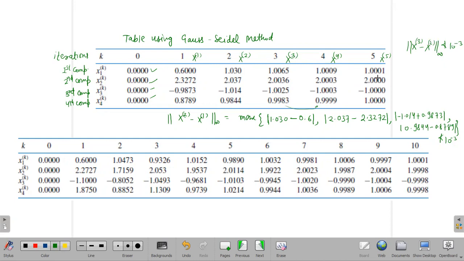So here you will get the difference, and you stop here only. That is our solution, the approximate solution. So the solution is 1.0001, 2.000, minus 1.000, and 1.000.